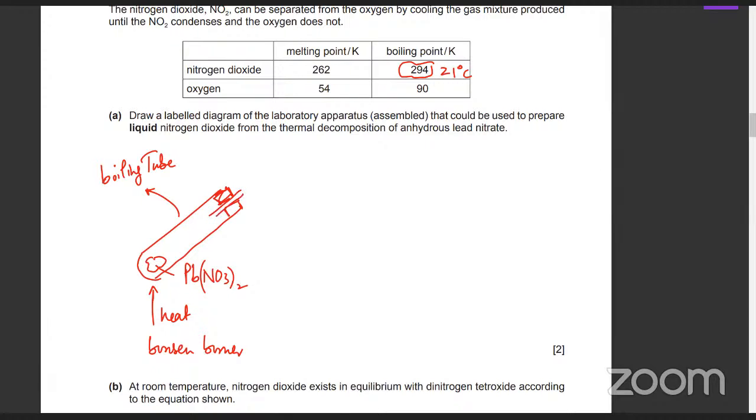And there should be a tube, this is where the gases are coming in. Make sure there are no gaps. If there are any gaps, the gases will escape.